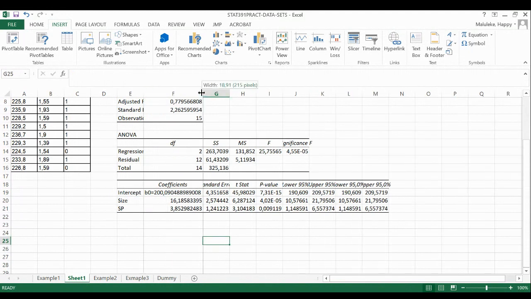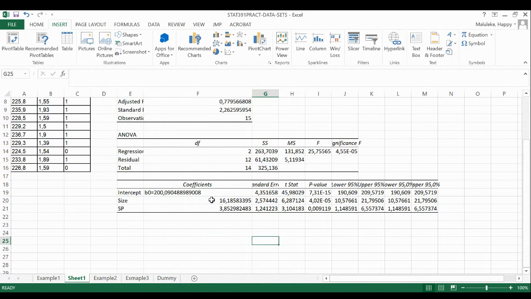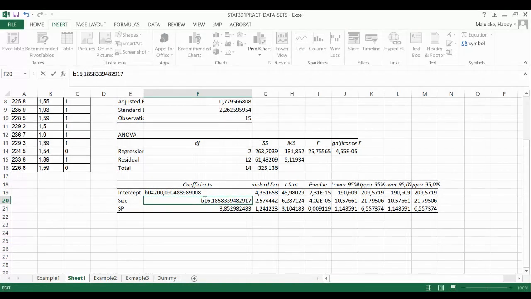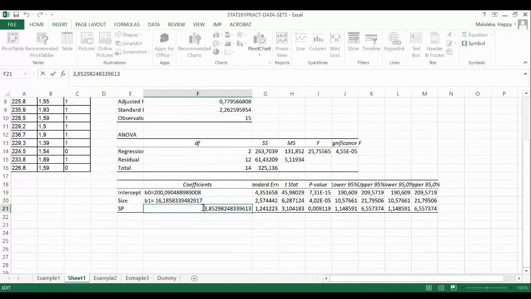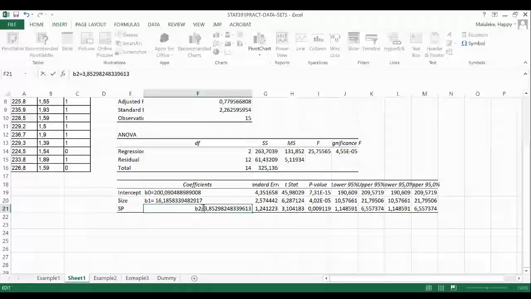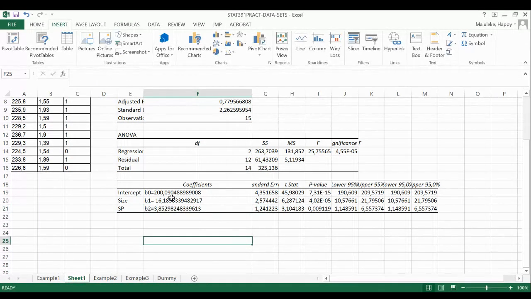The second value here is beta 1. The third value here is beta 2. So this is our model, guys.